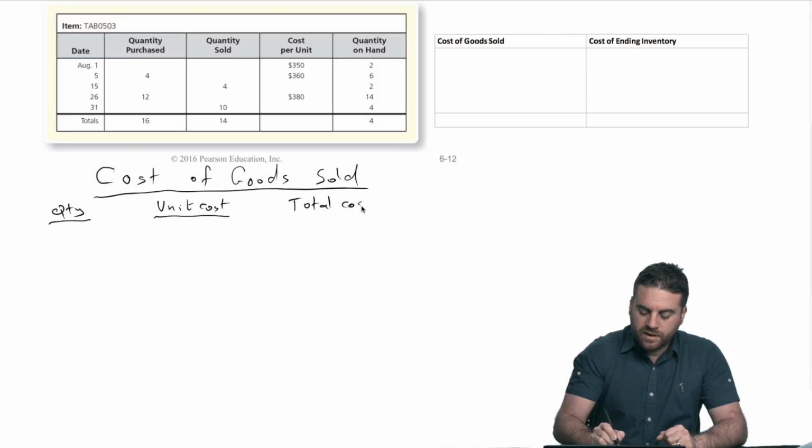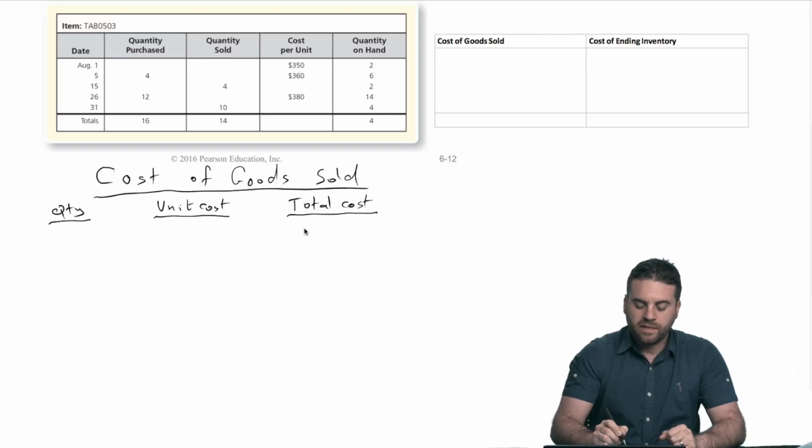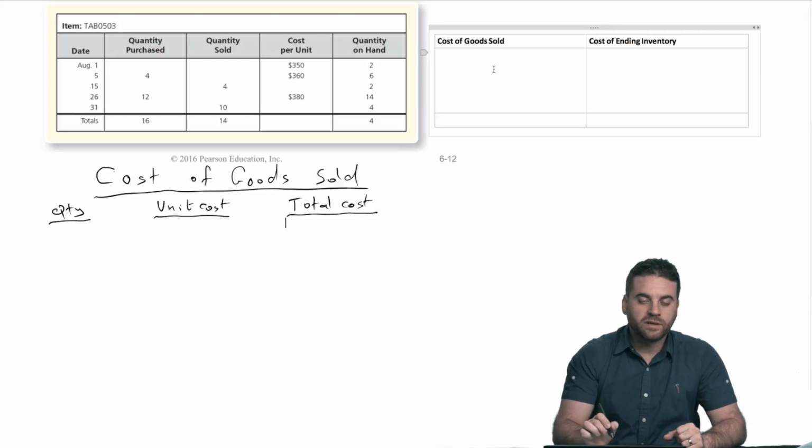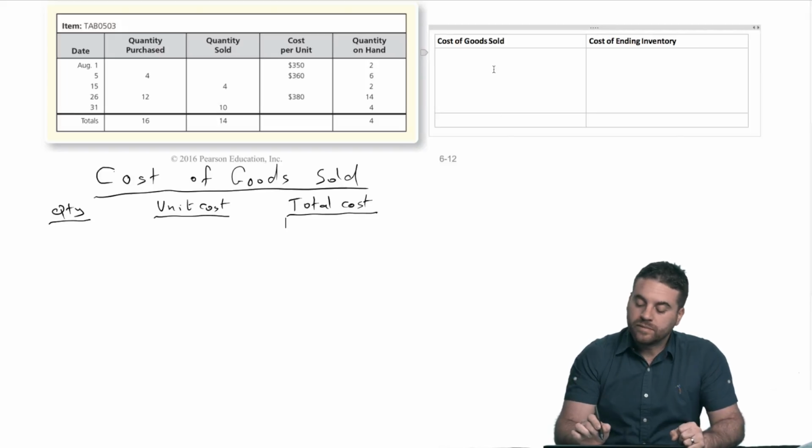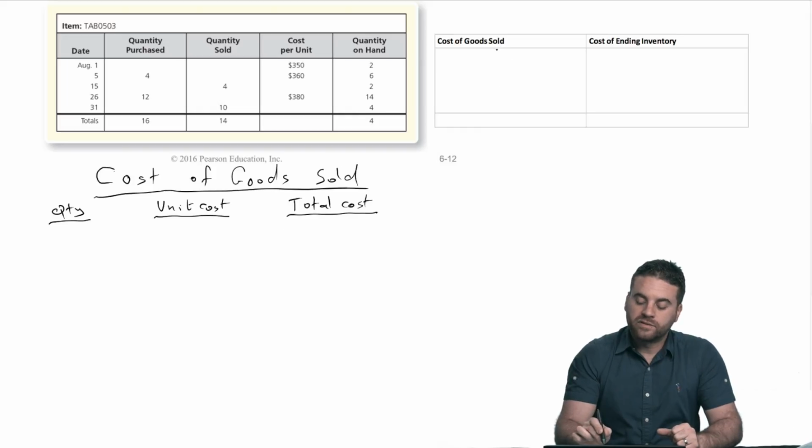So I will do the calculation here, and then when I get the total amounts, I will shift them to the column that I have on top.